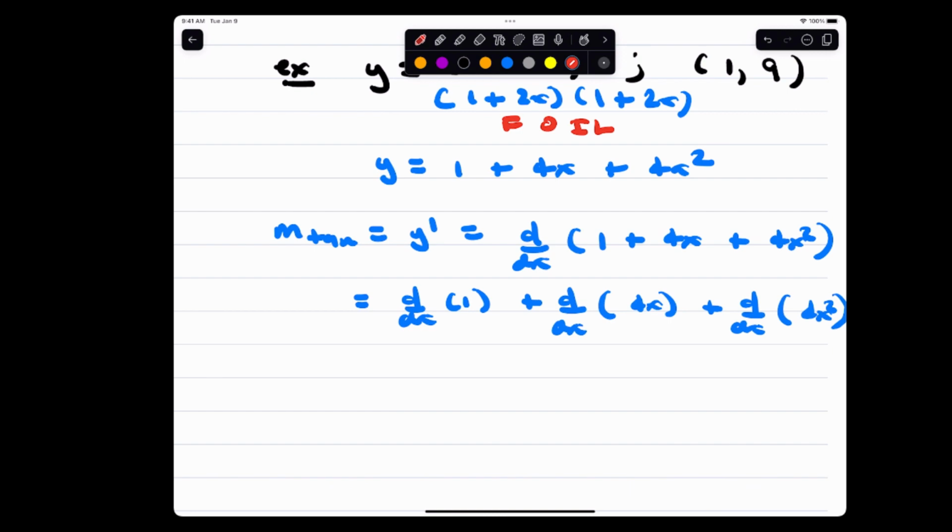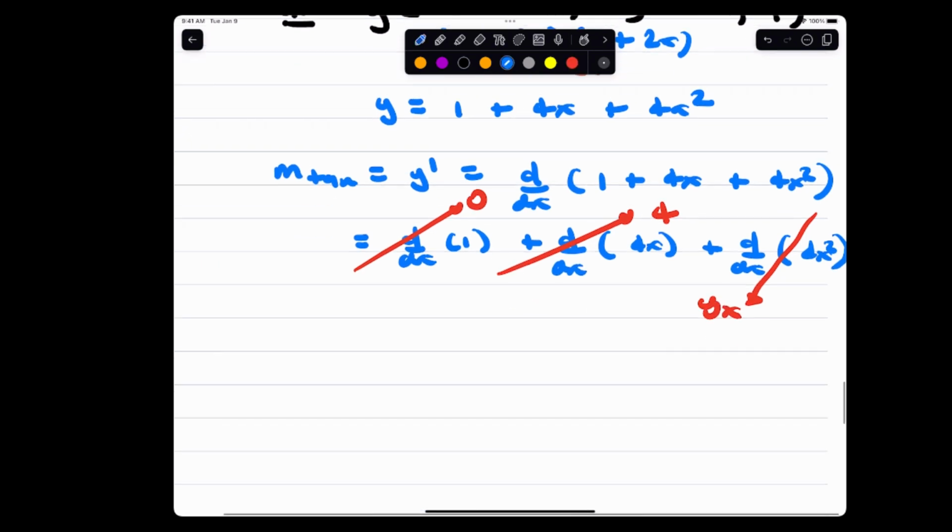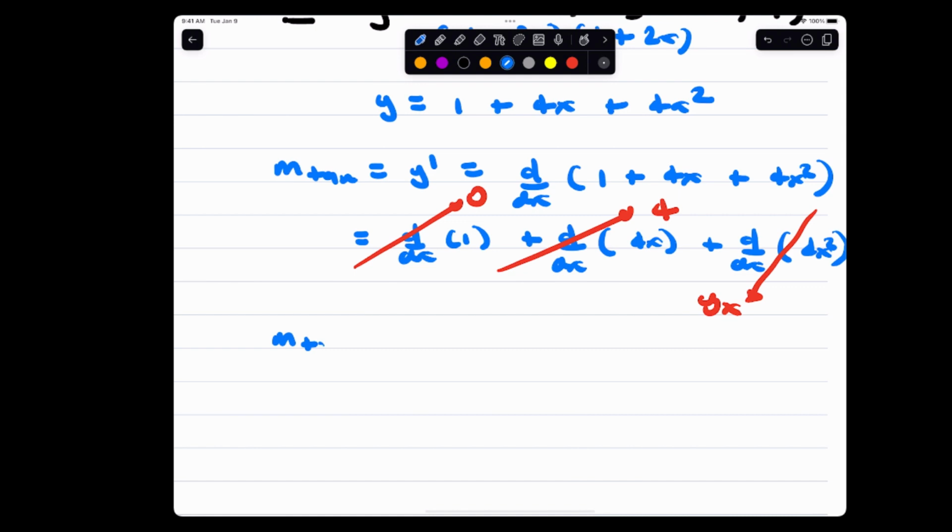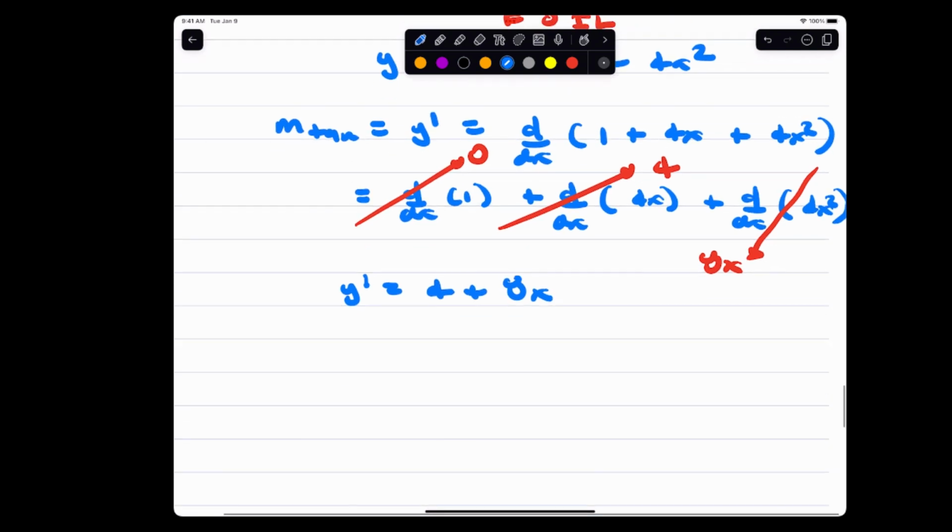What's this going to be? 0. What's this? 4. What's this? 8x. So m tangent, or you can just say along the way y prime, 4 plus what? 8x. Okay, so this is the slope of the line tangent to the curve.